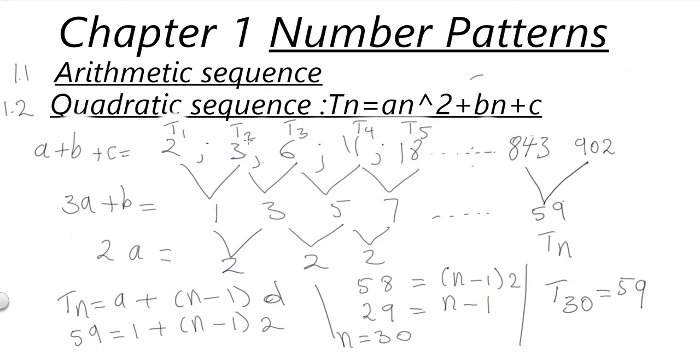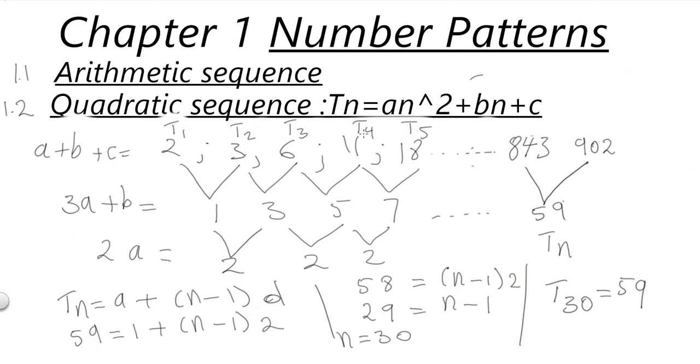The second term for the linear sequence, for the quadratic sequence, will be t2 plus t3. So t3 plus t4 automatically will have here also t3. Look at here, t4 minus t5. If you count here 1, 2, 3, 7 will be t4.